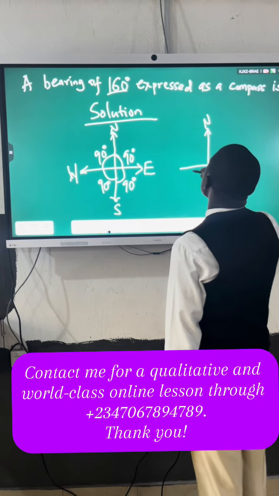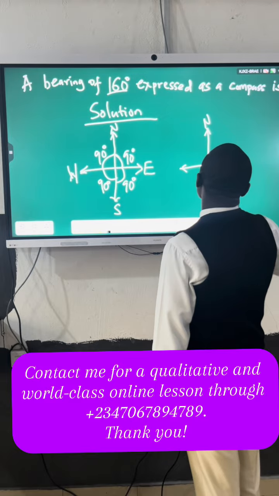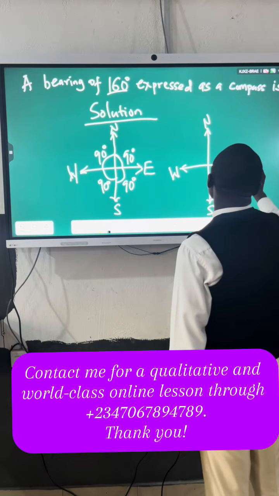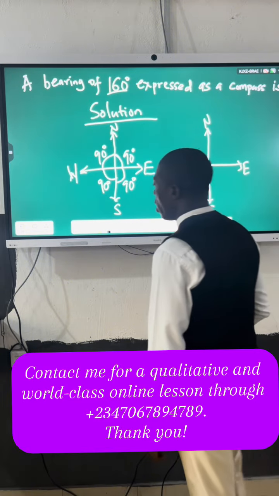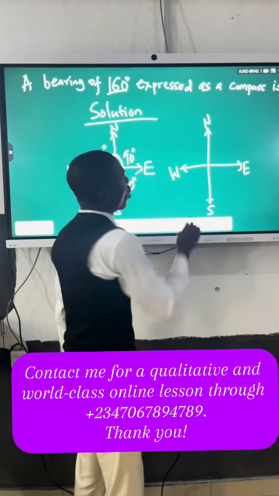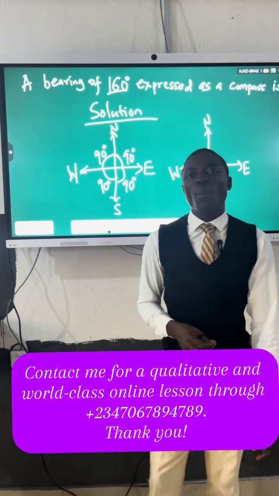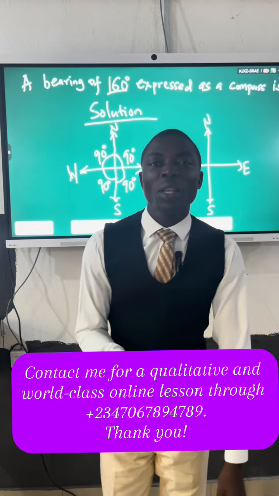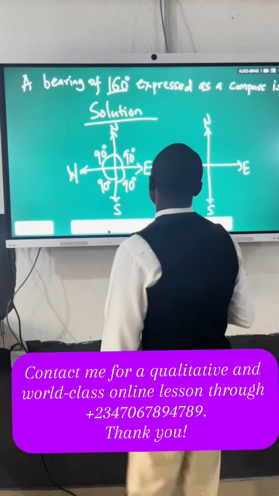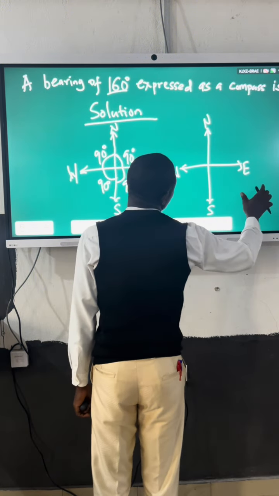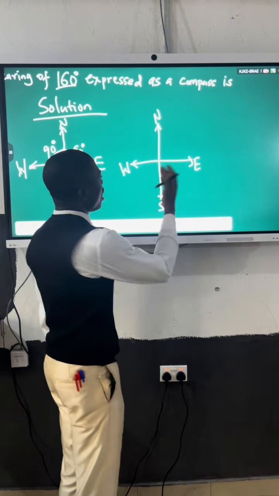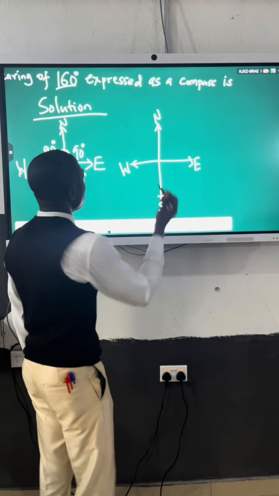You have north, here you have south, here you have west, here you have east. Now they say you should express this as a compass bearing. Another name for compass bearing is acute angle bearing, meaning that the angle you're meant to get should not be up to 90. So let's do that together now. We want to express this as a compass bearing, 160.